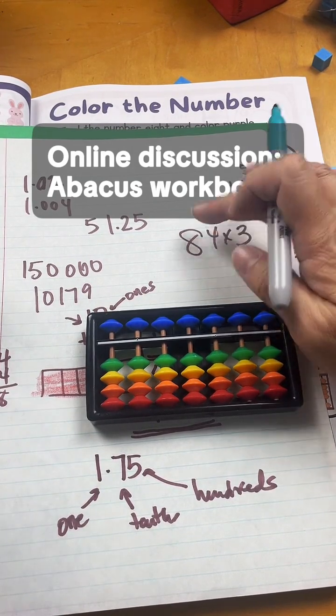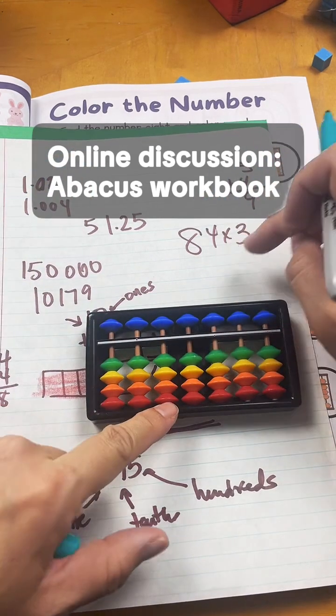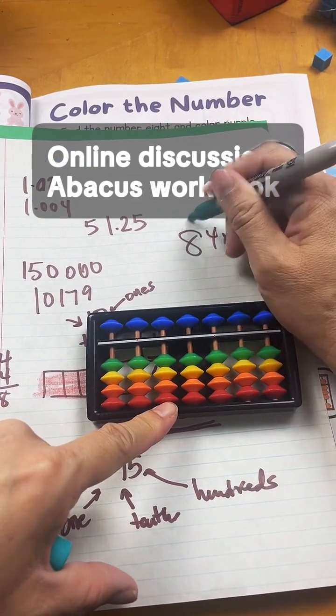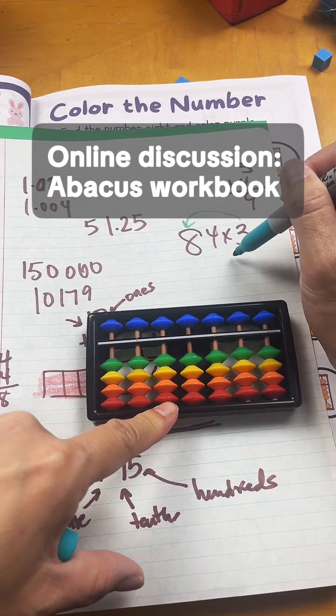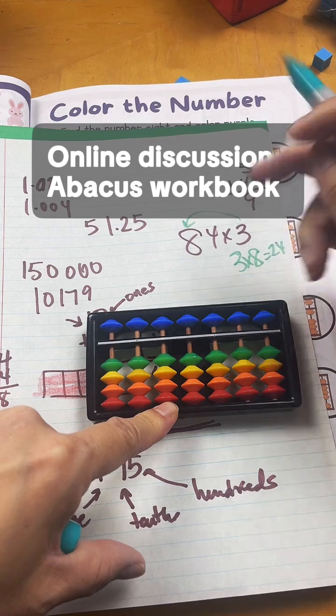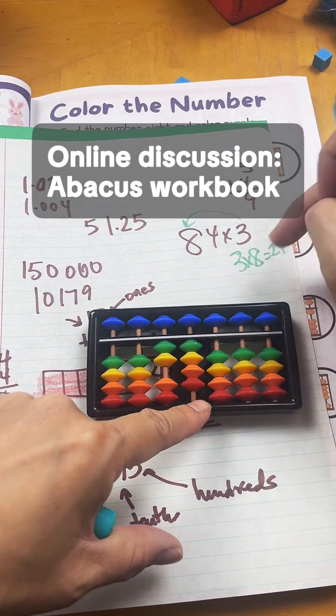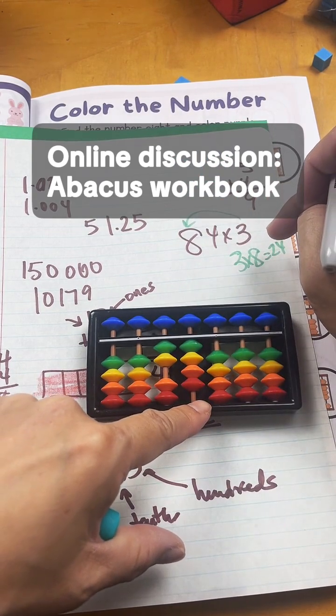So we have 1, 2, 3 columns. We're actually going to start from here. And we actually have to remember our math facts. So 3 times 8 is 24, right? So we add 20 and then we have 4. In school, we're taught, it's called distributive property.